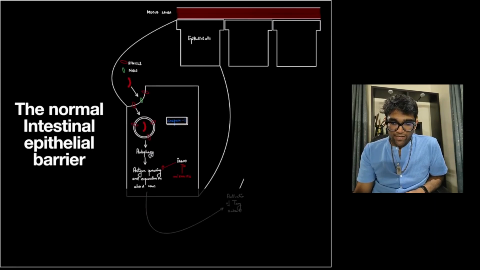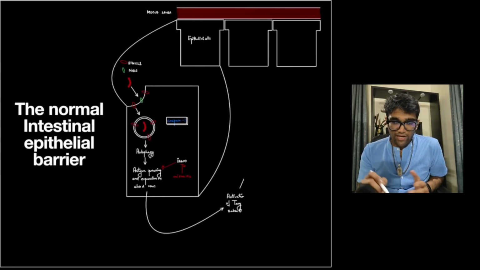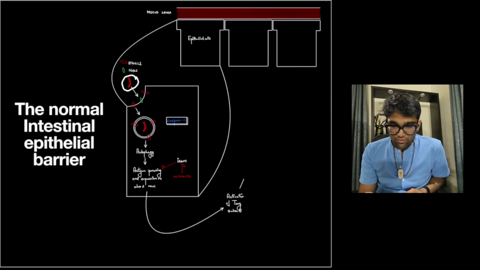Now I've enlarged an epithelial cell, and you can see the epithelial cell internalizes or endocytoses some bacterial product. Now it does so using two proteins. The red protein here is a protein known as ATG16L1.